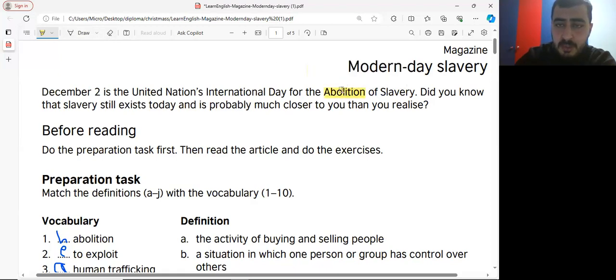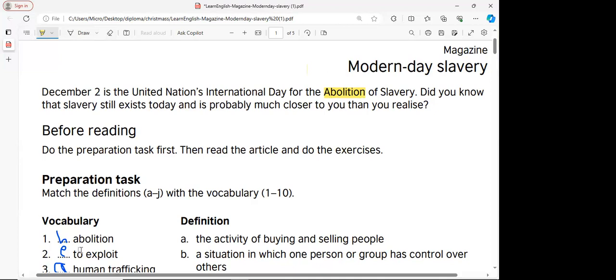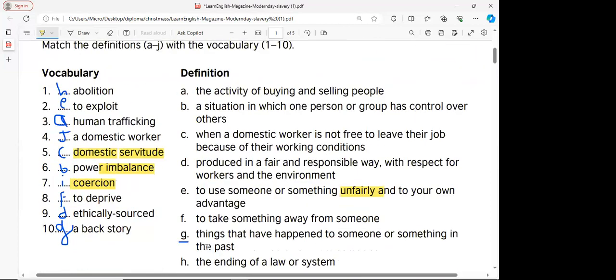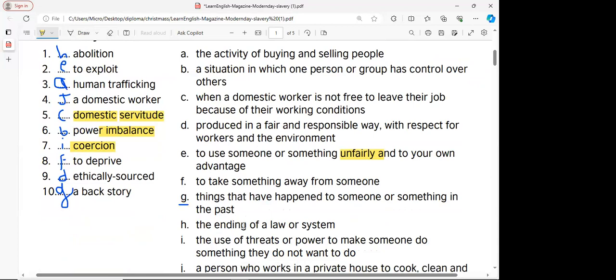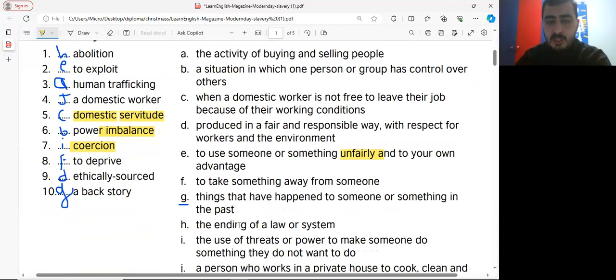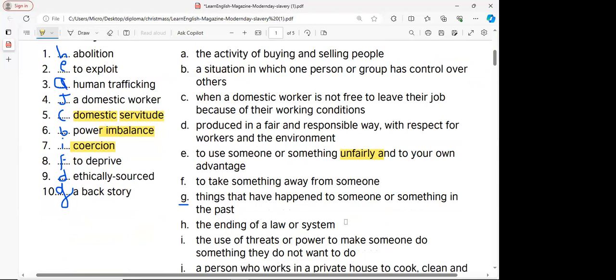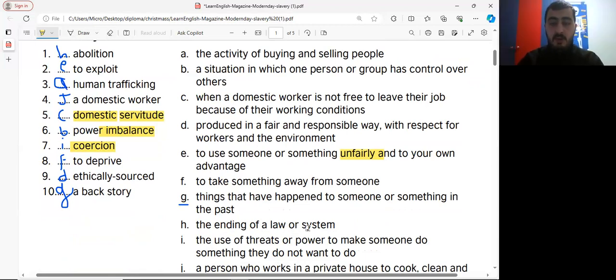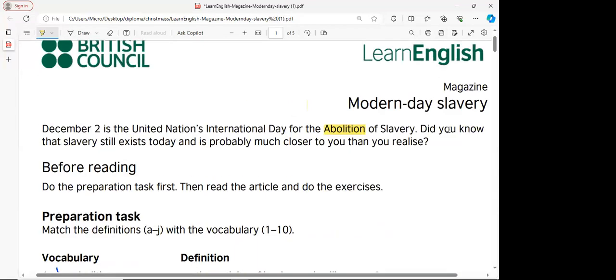Abolition. ايش يعني abolition؟ Do you remember Zahra, abolition? احنا abolition قلنا. اعتقد انهاء الغاء بالضبط هي the ending of a law system. Yes. انهاء او ابطال قانون او انهاء شيء. العبودية صح.